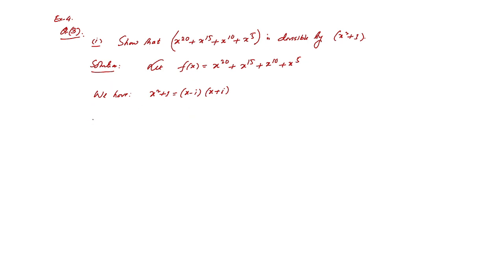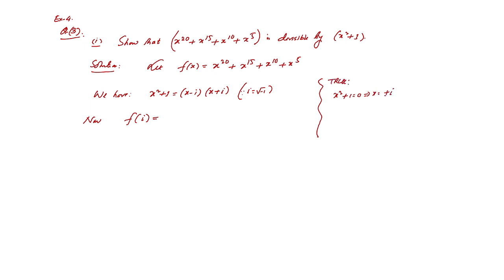So what we will do: obviously here i equals root under minus 1. First we calculate f of i. Actually x square plus 1 equals 0 gives x equals plus or minus i.